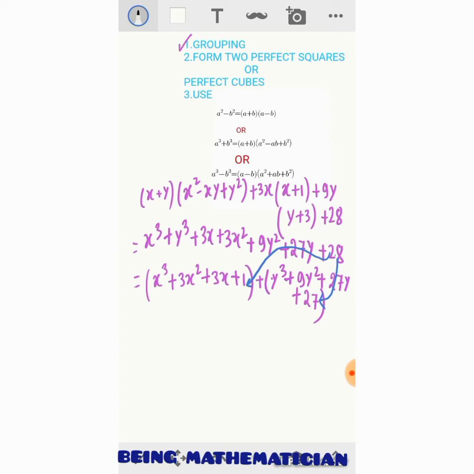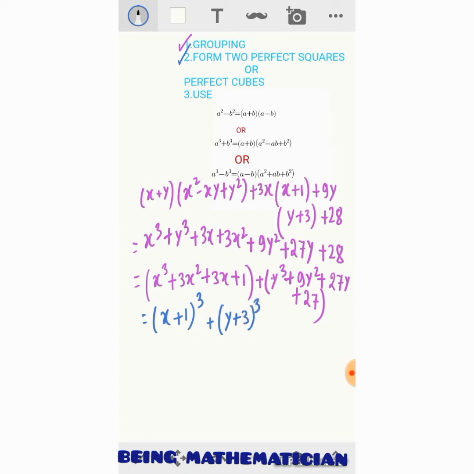Now we move to the second step, form perfect square or perfect cube. Here we form perfect cube, that is x plus 1 whole cube plus y plus 3 whole cube.